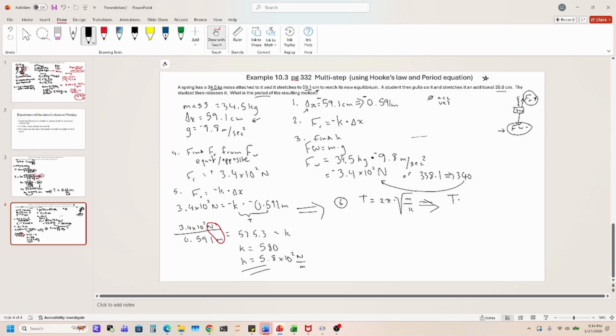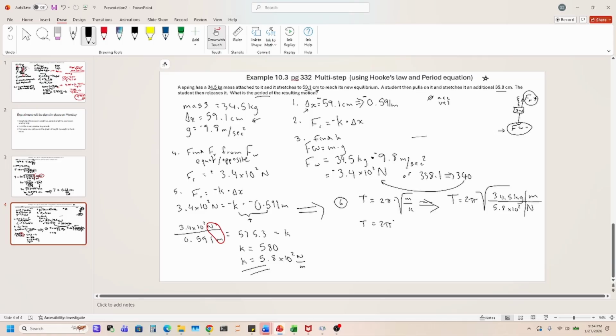So our T is equal to our 2 pi. We're not going to do anything with the 2 pi until the end. But let's see what it looks like. We've got our mass of 34.5 kilograms divided by our 5.8, this is our k, times 10 to the second power newtons per meter.